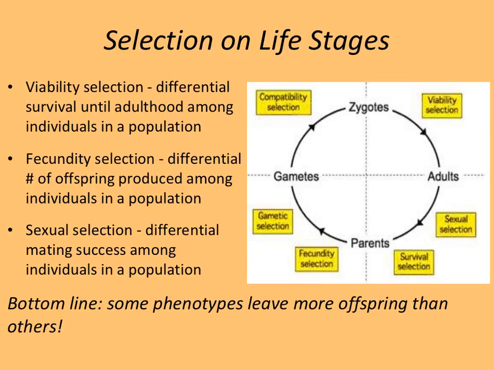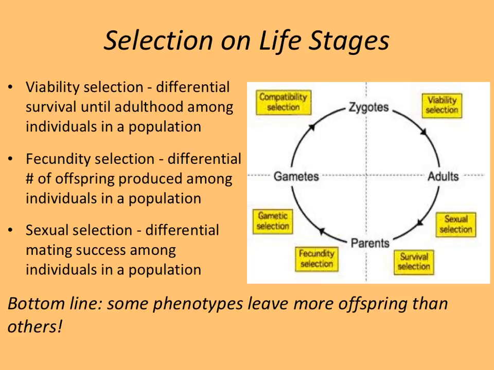Now, we've been talking basically about selection on survival, right? But if you think of the life stages of an organism, we first start with a zygote, which is just one cell that is diploid. If there's a mutation in that zygote that is bad, that zygote's dead.